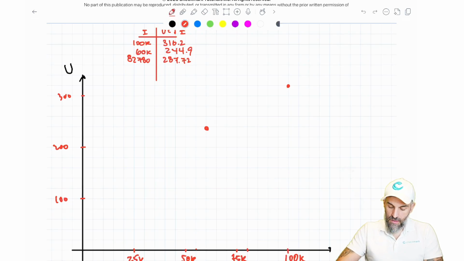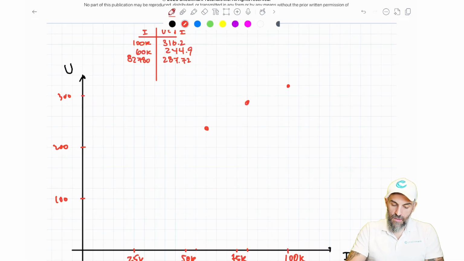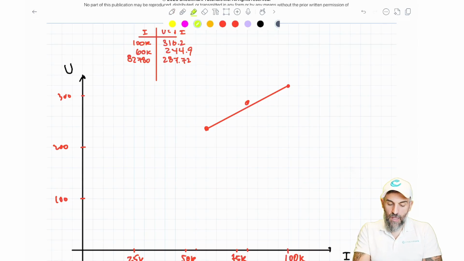It doesn't have to be perfect. 287 would be sort of here. So you see, I'm not trying to connect all three. I'm only connecting the two possible outcomes of the gamble. And right in between them, you've got the 84,000 right here, which is basically your 84,000 expected value.